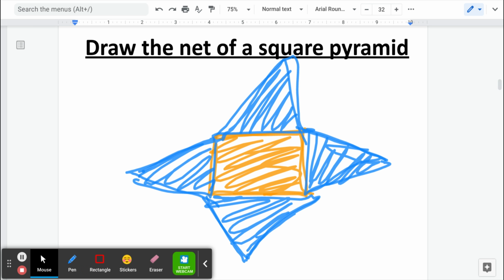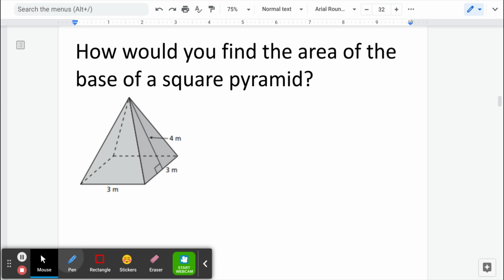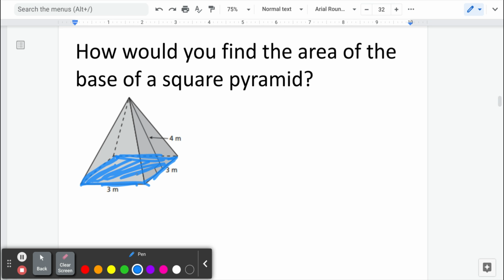All right, now we're going to move on to how would you find the area of the base of a square pyramid? So when I look here, my base down here is a square. How would I find the area of that square? Go ahead, talk with your table. If you said area equals base times height or base times base even, you'd be correct.